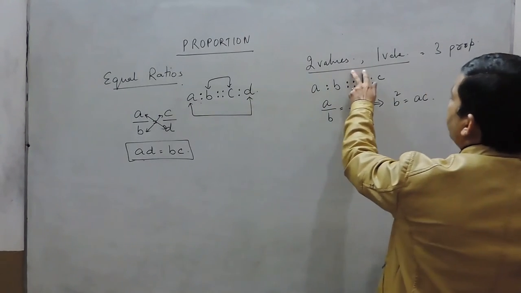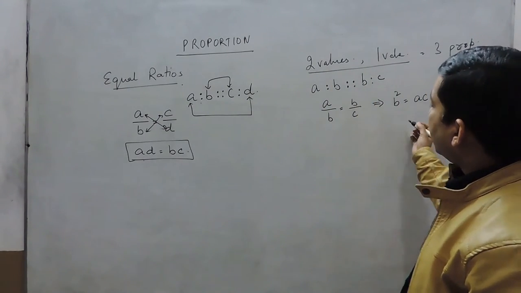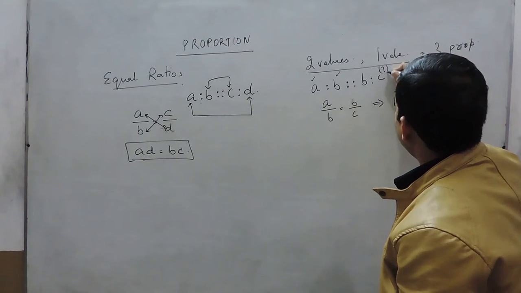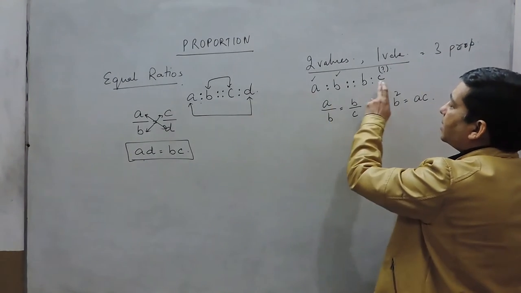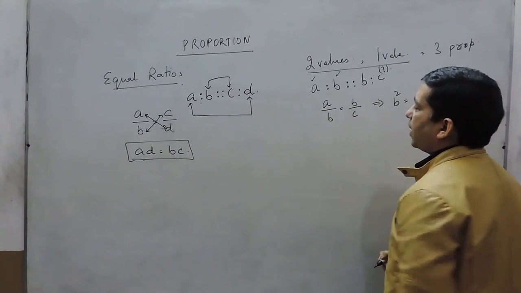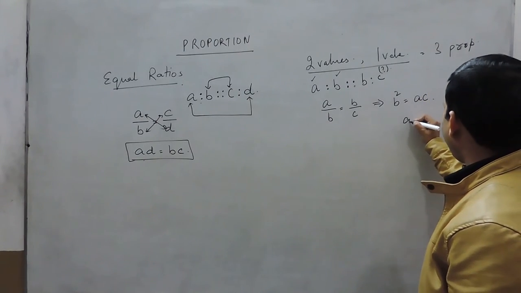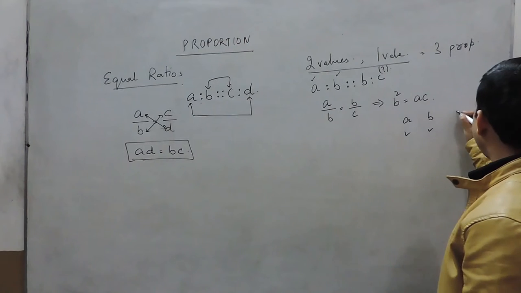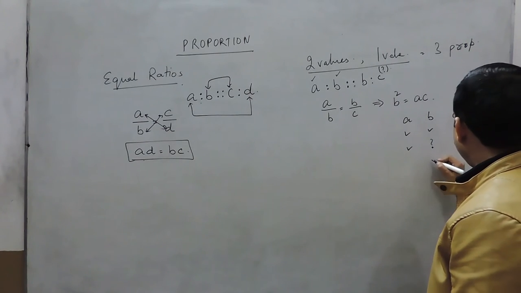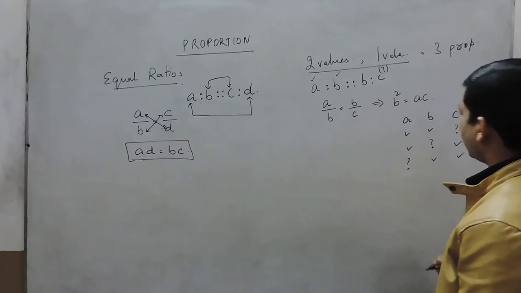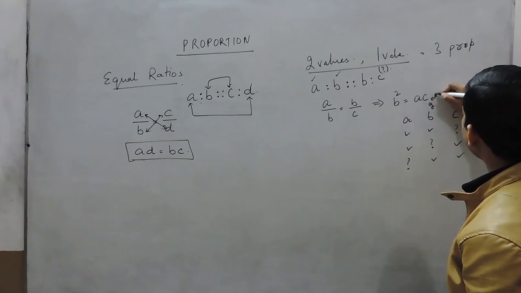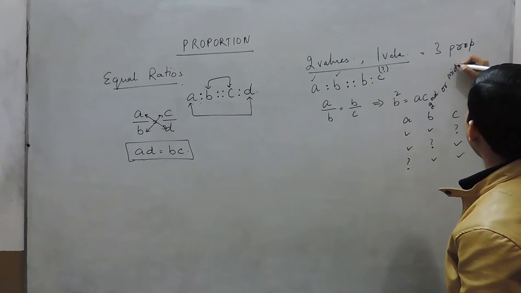When I am talking about two values being given and one value we have to find out, here A and B may be given and we have to find out the value of C. Maybe A and C are given and we have to find out the value of B. Maybe B and C are given and we have to find out the value of A. When we have to find out the value of B, this is known as the second proportion, also known as middle proportion.